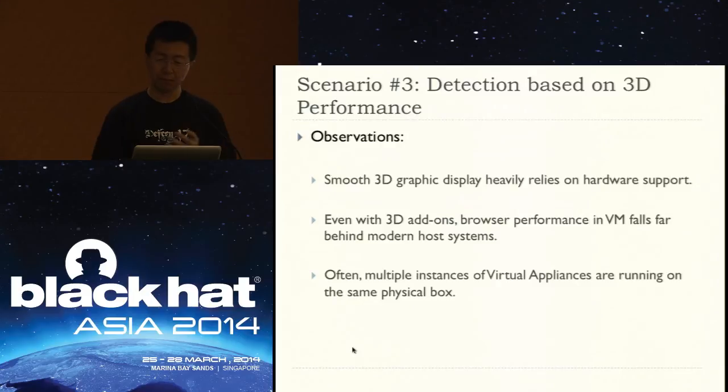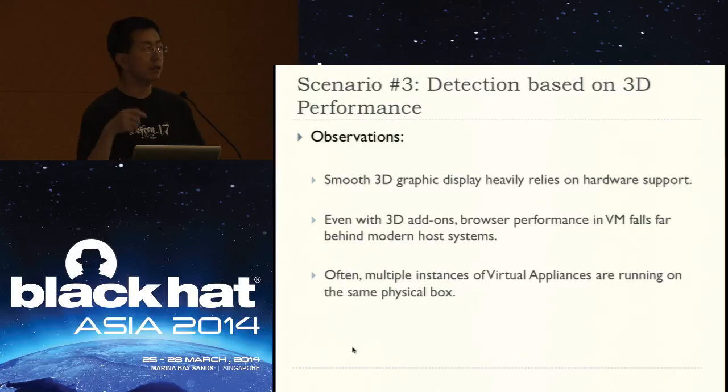Let's move on. The third effort we played with is looking at the performance aspect of the graphic display through the web script. The reason we do this is based on these observations. First, smooth 3D graphic display often requires a lot of hardware support.